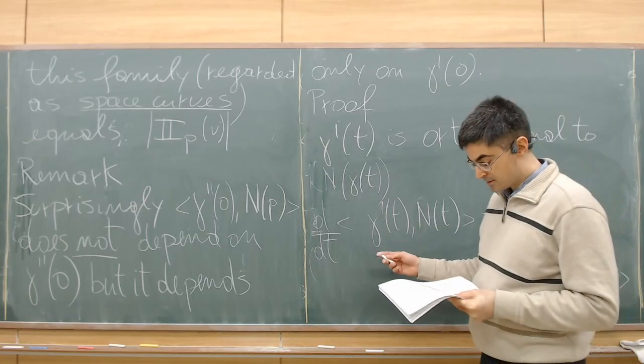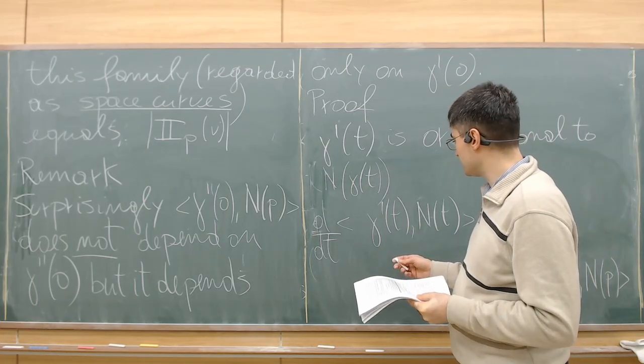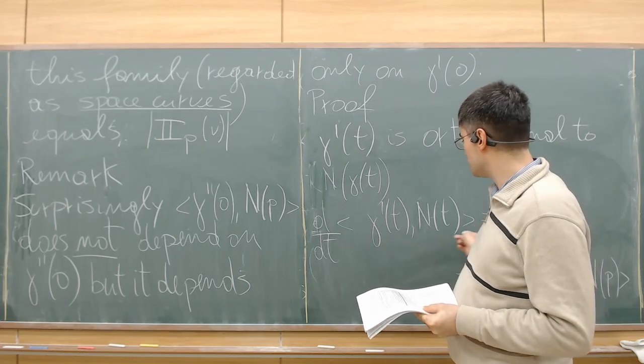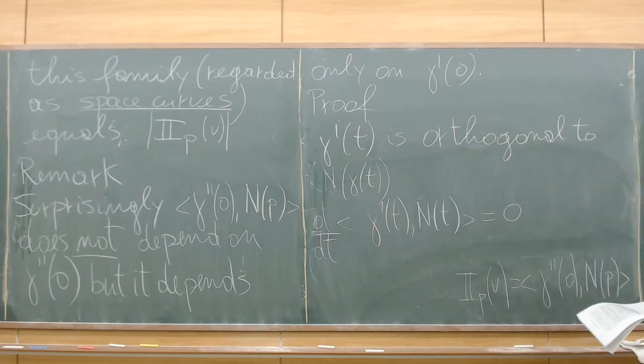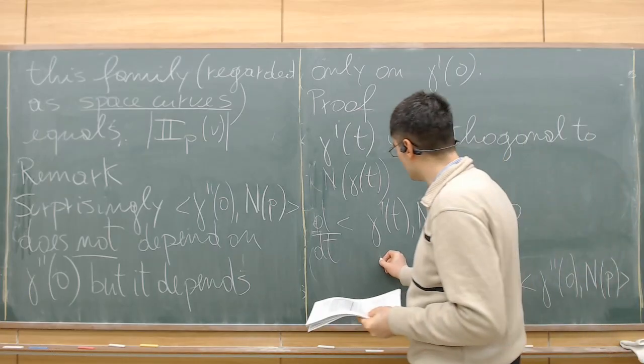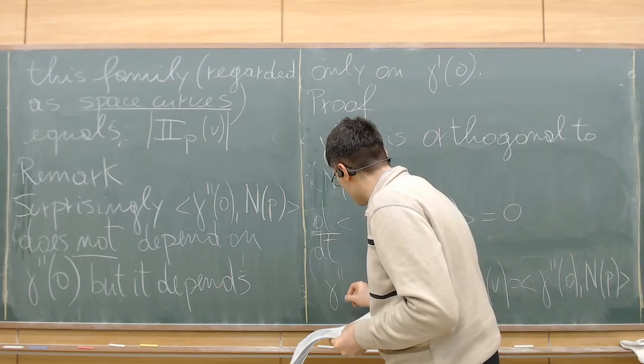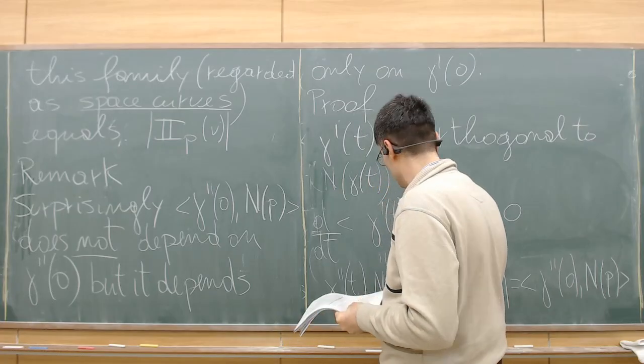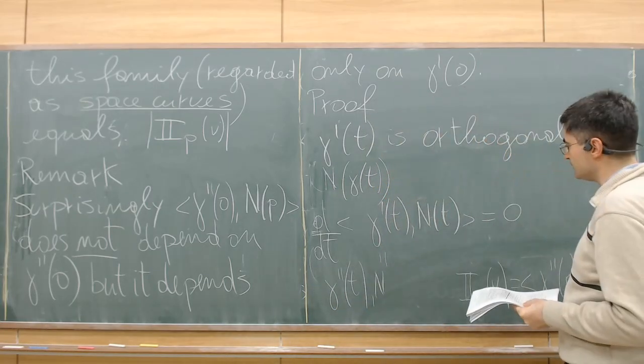Now, what happens if I compute this derivative? This is equal to gamma second(t) times n(gamma(t)). Sorry, I made a typo.